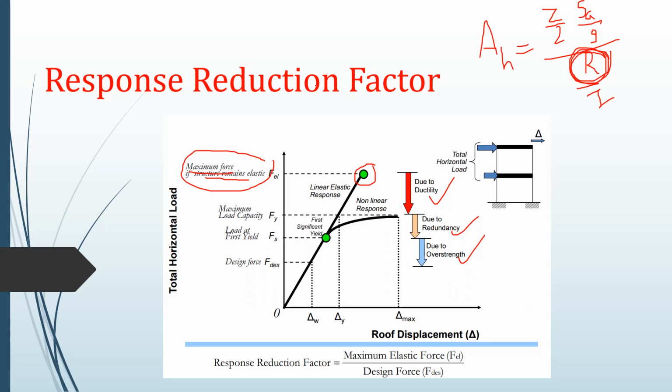So our response reduction factor R is composed of two primary characteristics, that is response reduction due to ductility, let us call this R mu, and response reduction due to overstrength, R omega. So the response reduction factor accounts for the nonlinear response of our structure and thus the reduction in the maximum design force. So first let us see what is ductility.